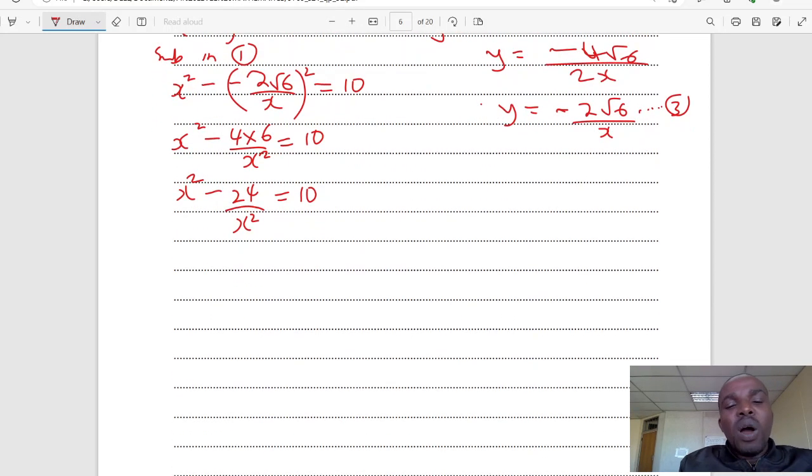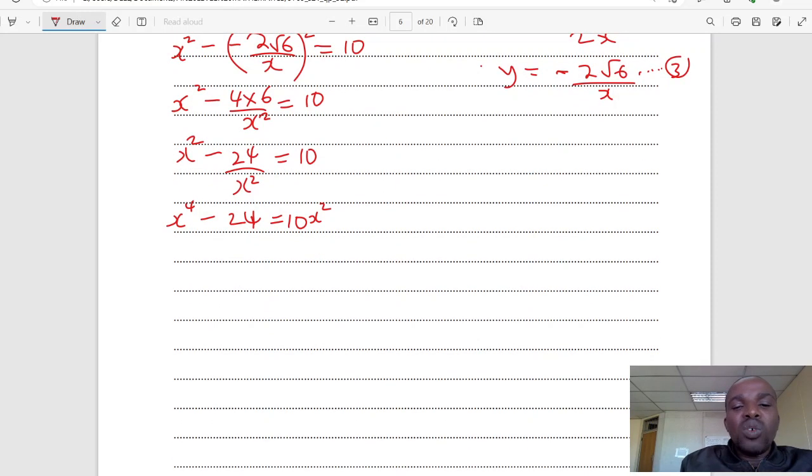Then get rid of the denominator, which is x squared in this case. Multiply everything by x squared. It will be x to the power 4 minus 24 is equal to 10x squared. Then collect everything to the left side of the equal sign. It will be x to the power 4 minus 10x squared minus 24 is equal to 0.